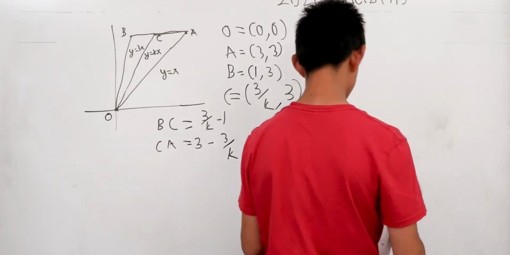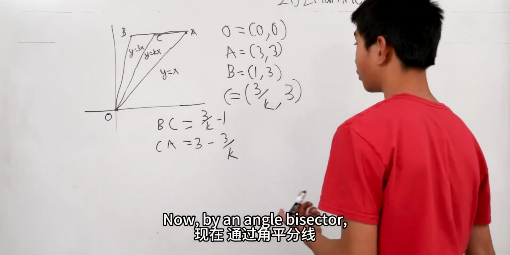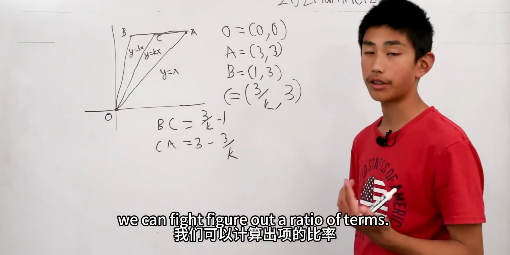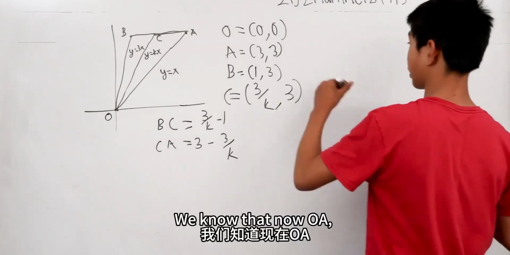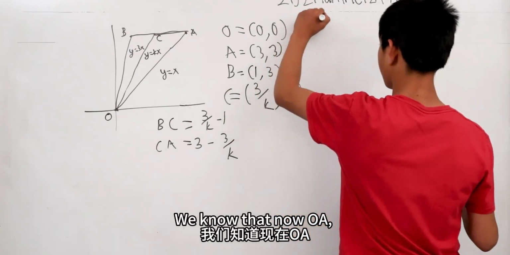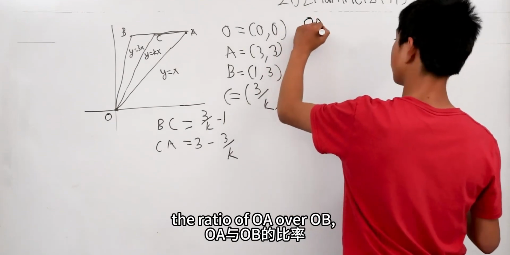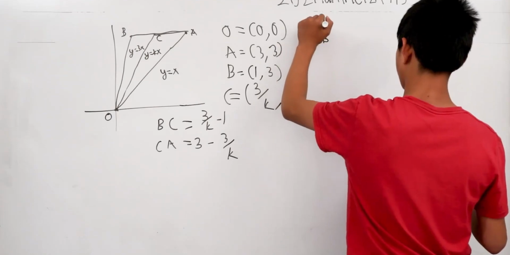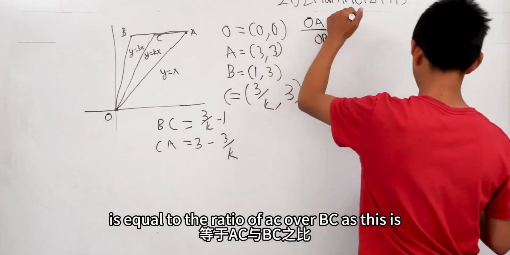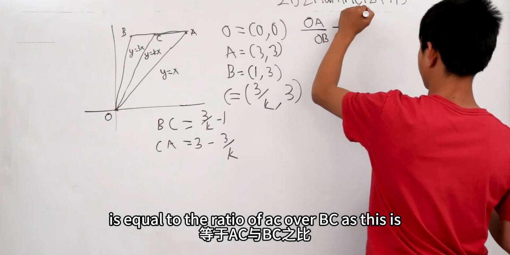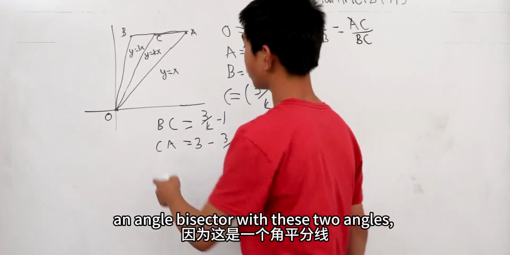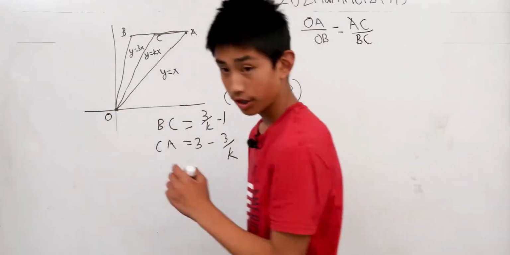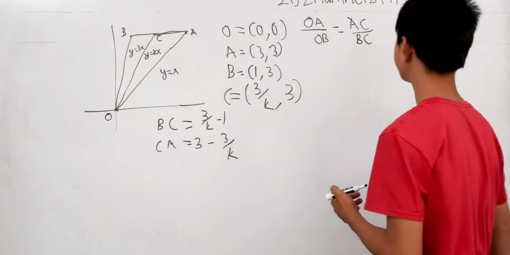Now, by the angle bisector theorem, we can figure out a ratio of terms. So the ratio of OA over OB is equal to the ratio of AC over BC, as this is an angle bisector where these two angles are equal.